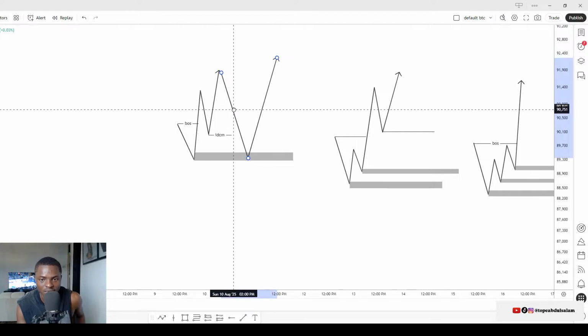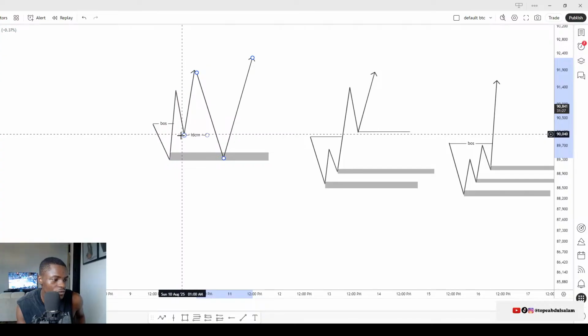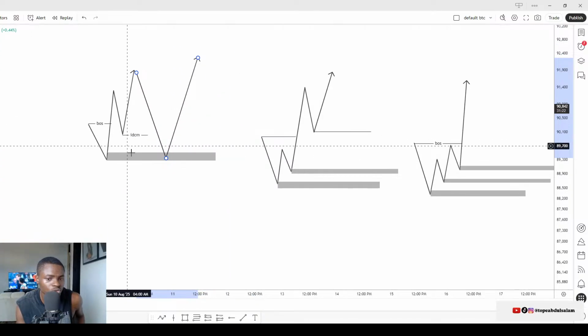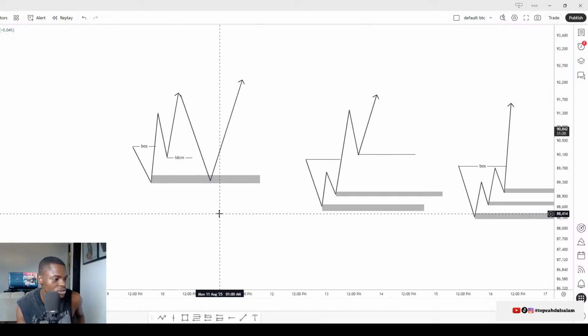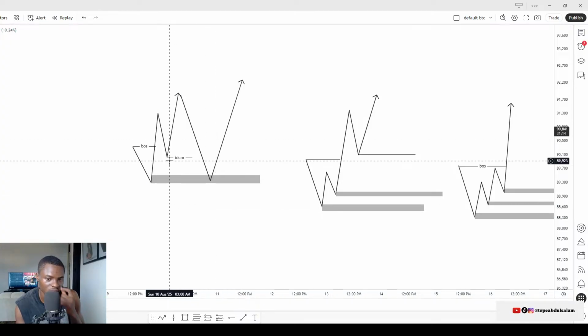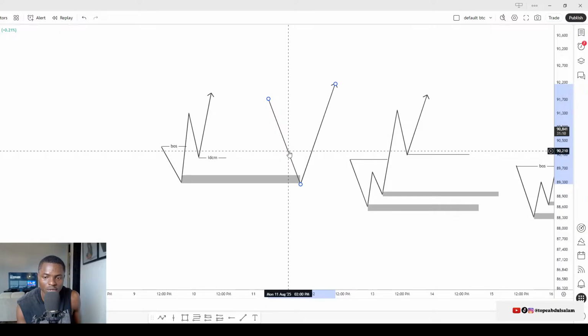We are looking for the market, after breaking this high, to come back. This is a false buy. If the market is going up here, this is the false buy, and it's introducing people to come and buy early. So let's say you are trading gold and you are bullish on gold.